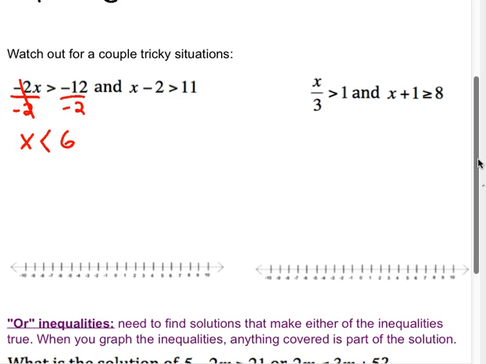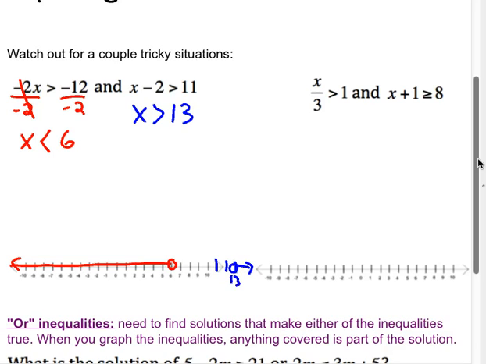So here, less than 6 is going to put me like that. Then I'm going to add 2 to both sides. So x is greater than 13. And whoops, that actually takes me off the graph. 11, 12, 13.